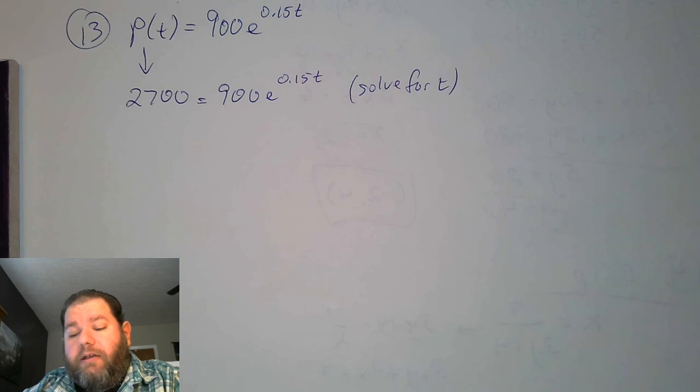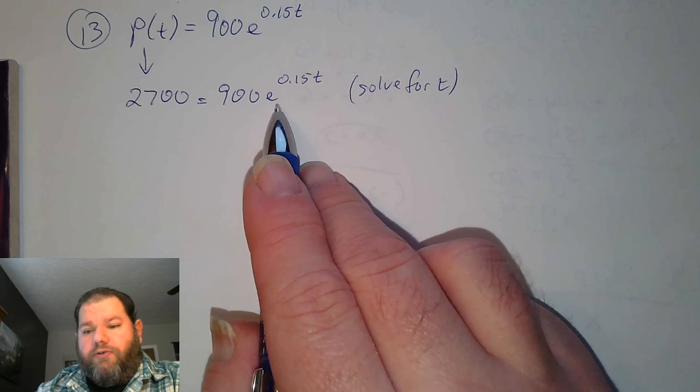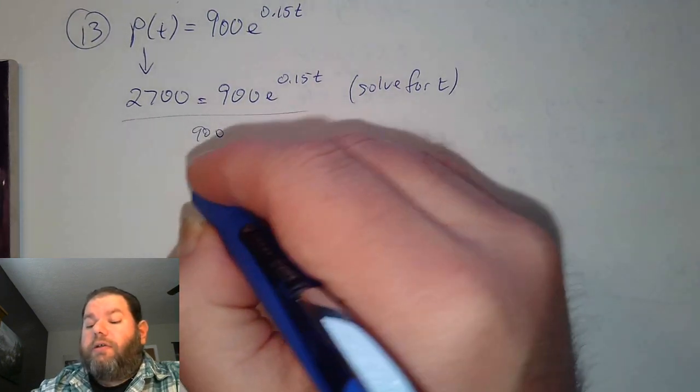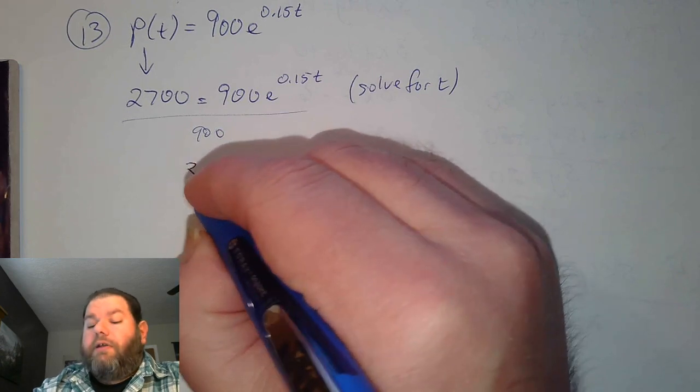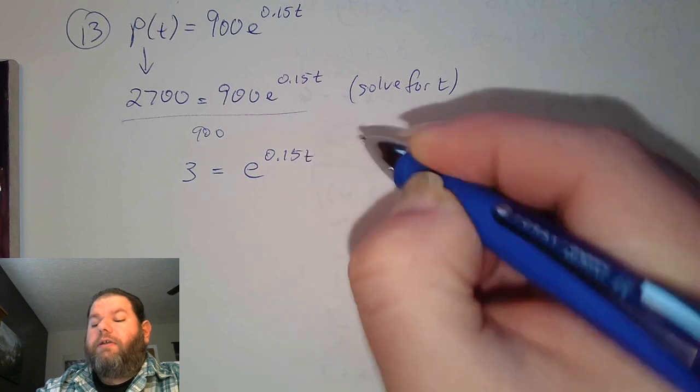If we divide by 900 first, because we don't want any numbers in front of our exponential, we divide everything by 900. That will give us 3 equals e to the 0.15t.